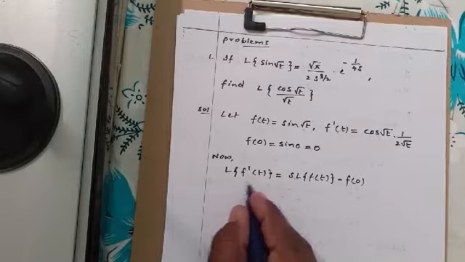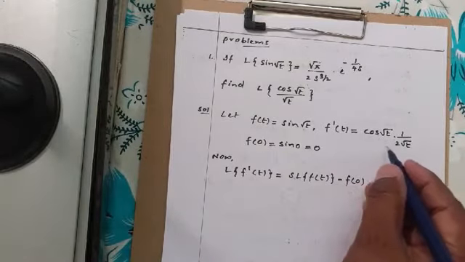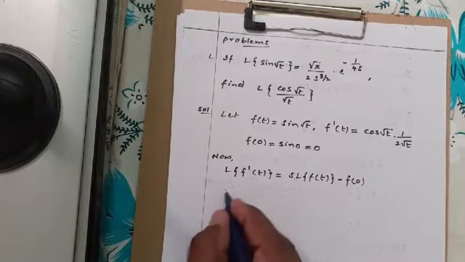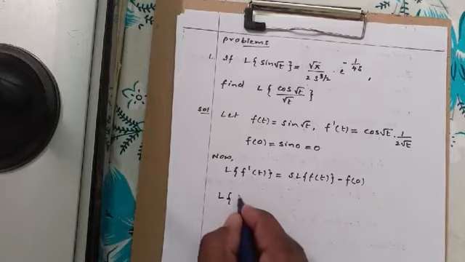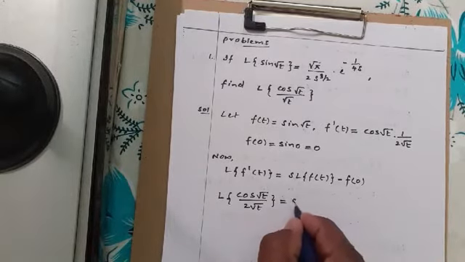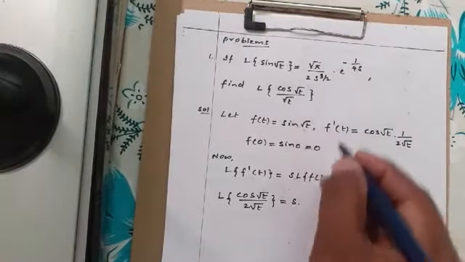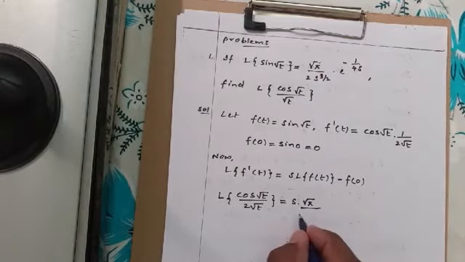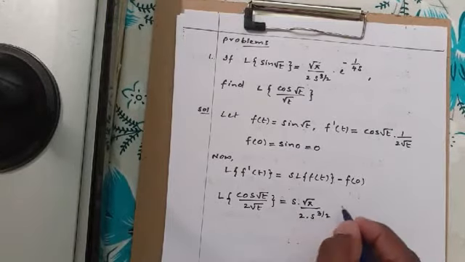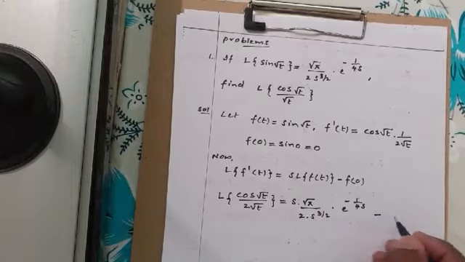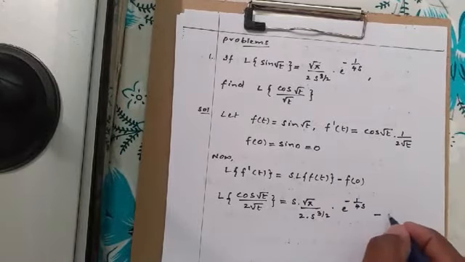So here Laplace of f dash t, we have just got this from f of t, so we write in the place of f dash t as Laplace of cos root t upon 2 root t is equal to s into Laplace of f of t, which is given in the question, that is root pi upon 2 into s power 3 by 2 into e power minus 1 upon 4s, minus f of 0, which is nothing but 0.